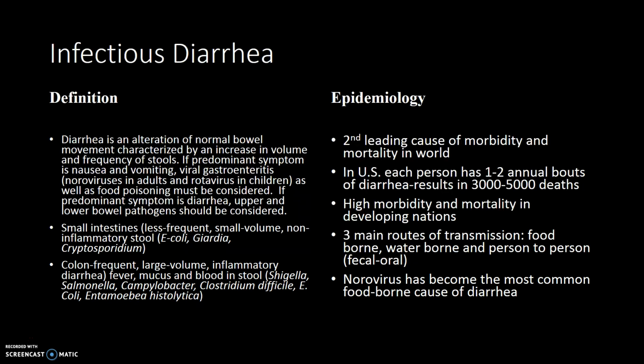If it is from the lower bowel or colon, then the pathogen causes frequent, greater than 6 bowel movements in a 24-hour period, large volume, and inflammatory diarrhea. Inflammatory diarrhea typically is also accompanied by fever, mucus, and blood in the stool. Some of the causes for that are Shigella, Salmonella, and Clostridium difficile.